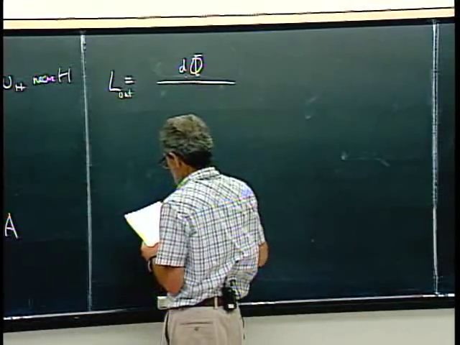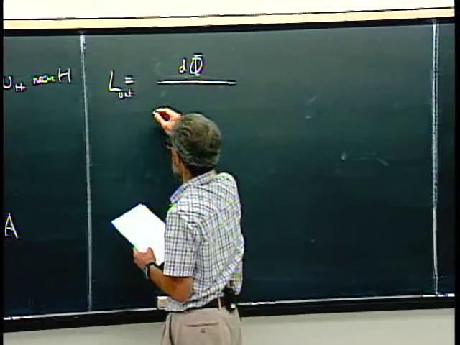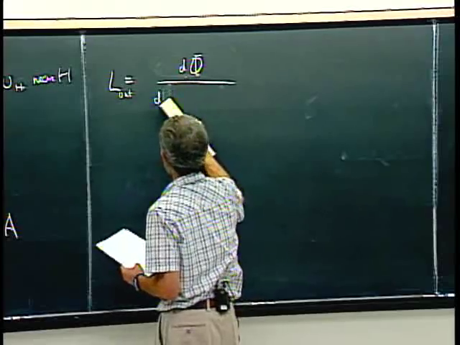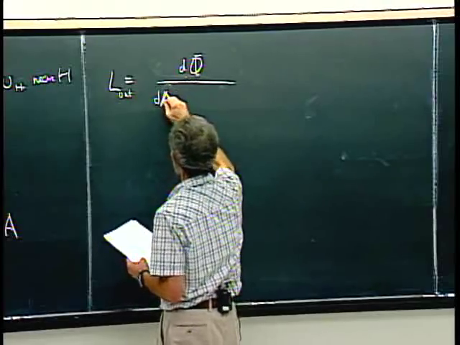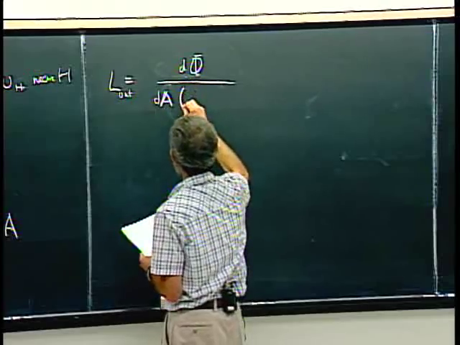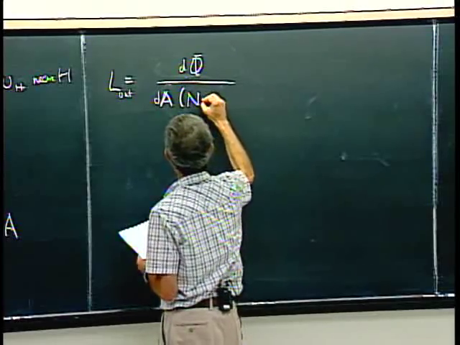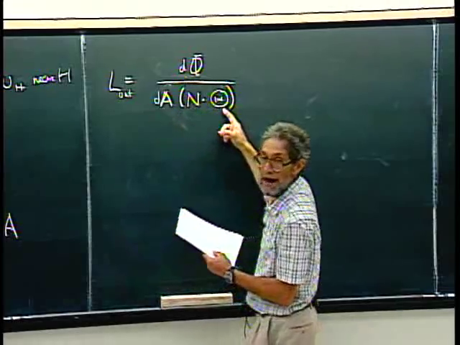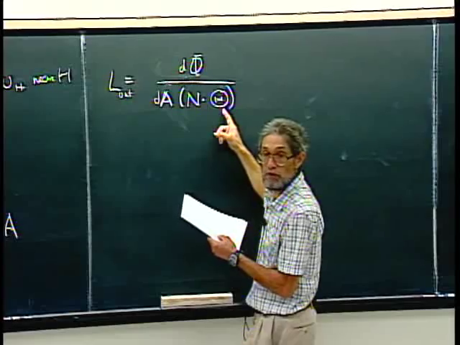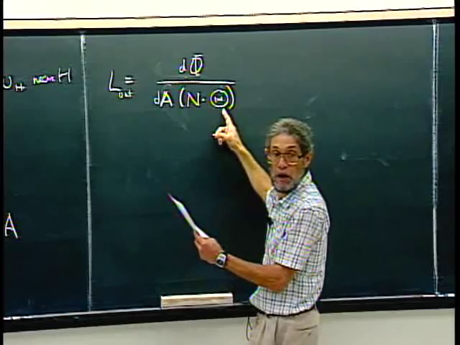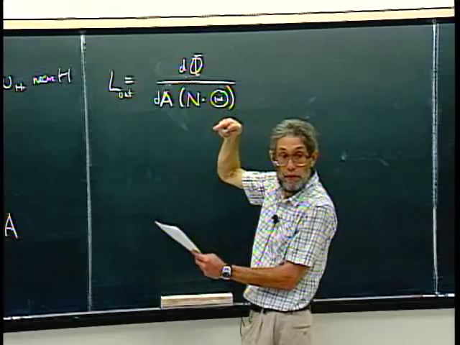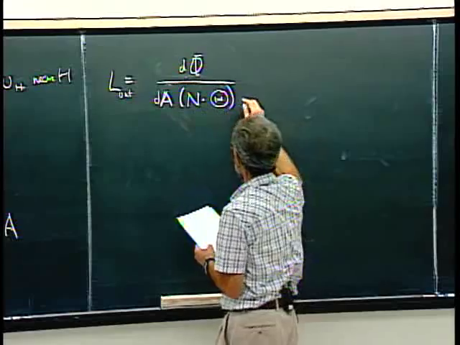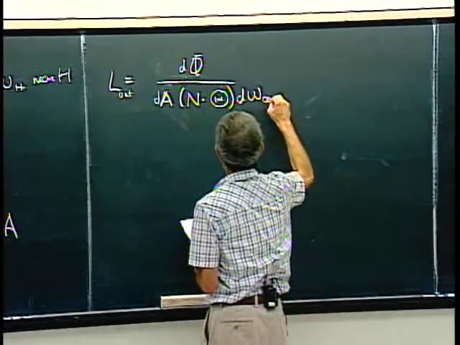Divided by the area perpendicular to the beam going out, and so that's dA, the area of that surface patch in question, times the angle n dot theta. This is the cosine of the angle on the way out, right? Because it's got to be measured per unit area perpendicular to the outgoing beam. And this is the area on the surface, and now this projects it perpendicular to the outgoing beam, times d omega out.